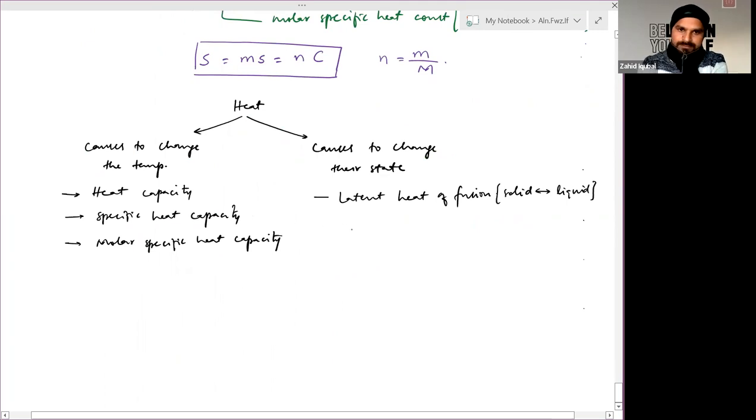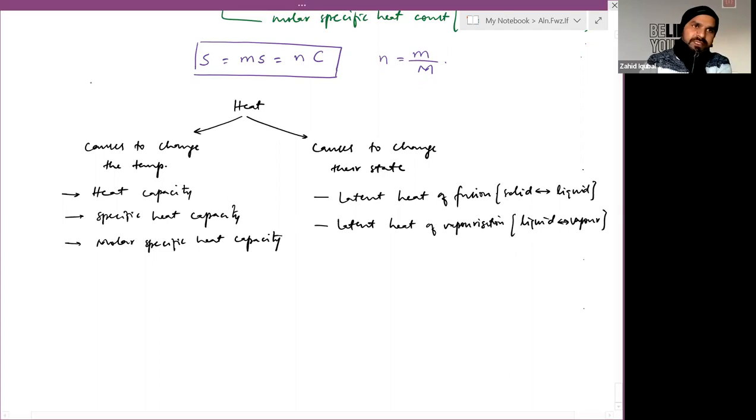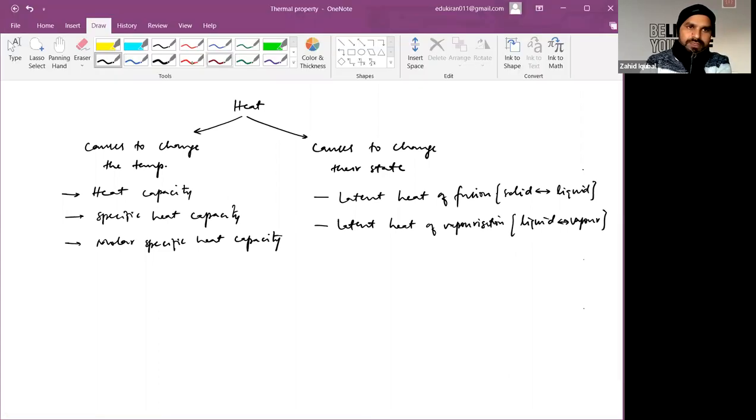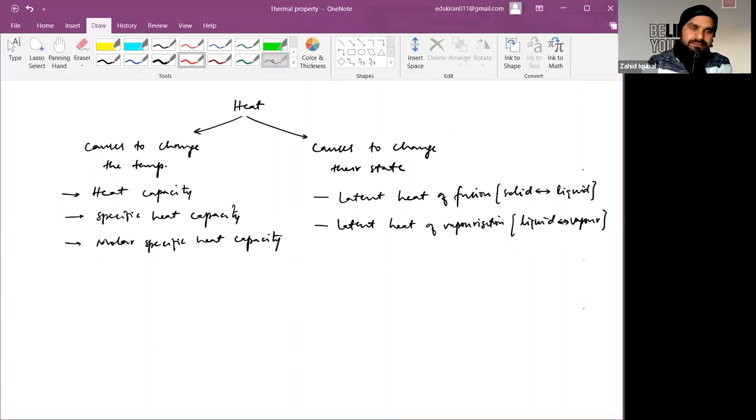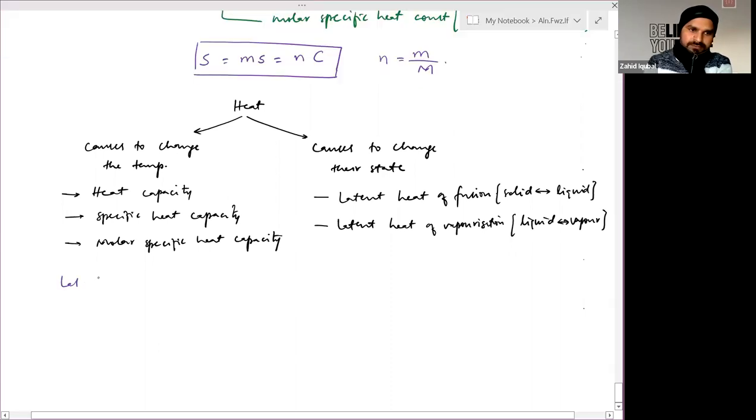And second, latent heat of vaporization, that is between liquid and vapor. So let me define these two different heats. First is latent heat of fusion.